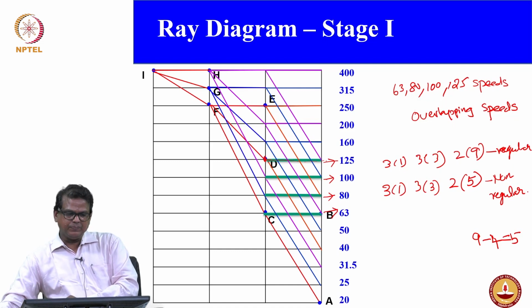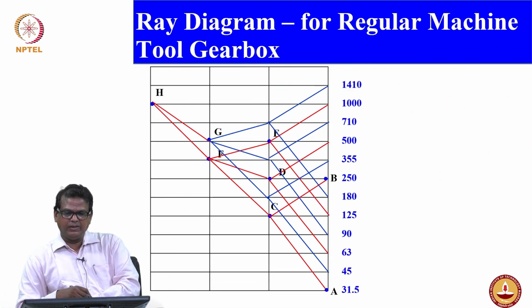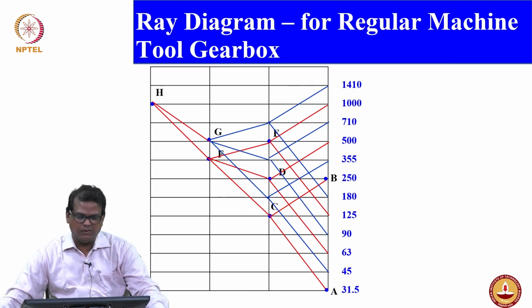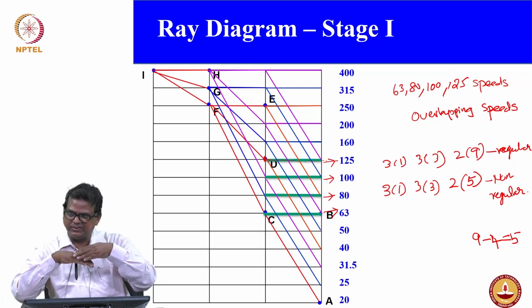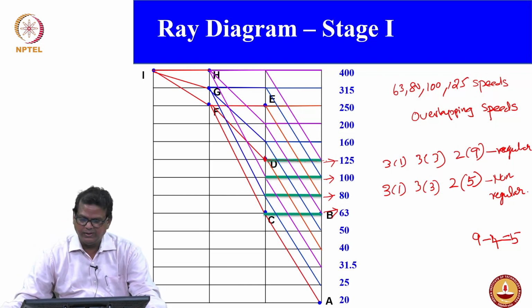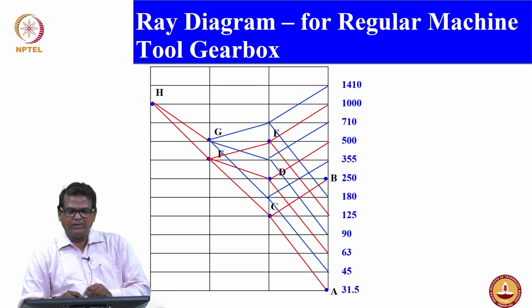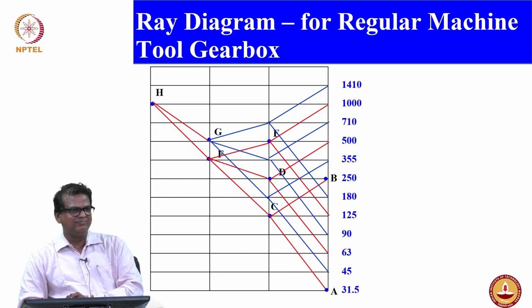And look at this: in non-regular there is always an overlapping speed; you can see the cross is happening. When you look at here, do you see any crossover? No. So that is the indication.